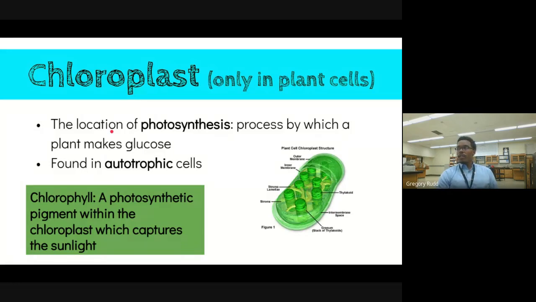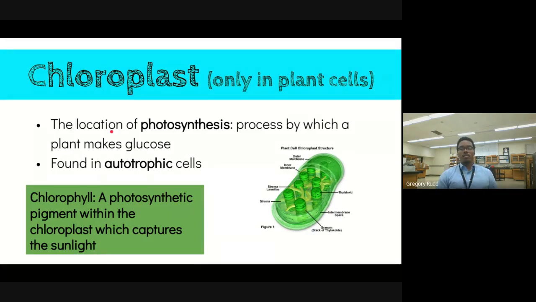Chloroplasts are filled with a pigment called chlorophyll, and this chlorophyll pigment allows plants to capture the sunlight. And so this is actually what gives plants their green color. When you see a color, it's because the light is reflecting that color. All other colors are being absorbed.